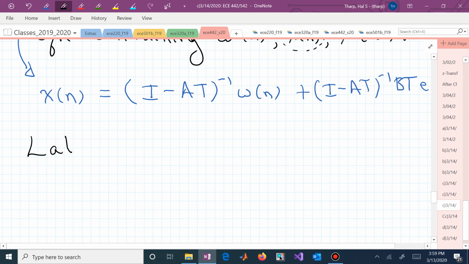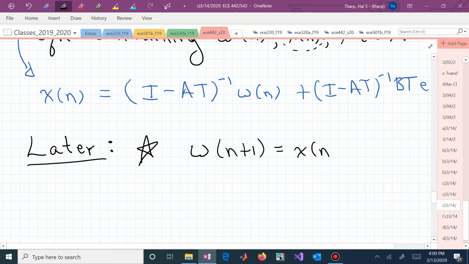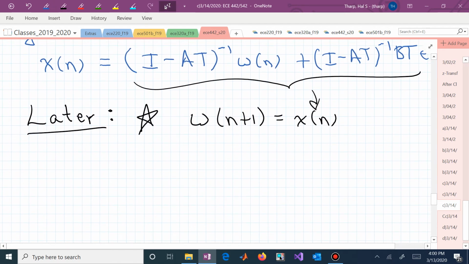here is our later time, where we're now using equation star, which was w of n plus 1 is equal to x of n. And we're now going to use this expression for x of n, so that now we have a dynamical relationship or a dynamic equation in a state vector w and the input e.